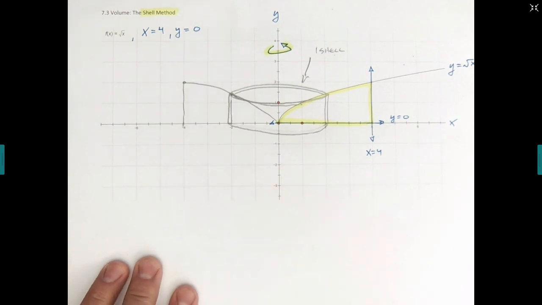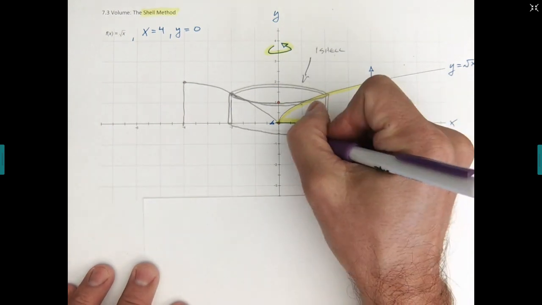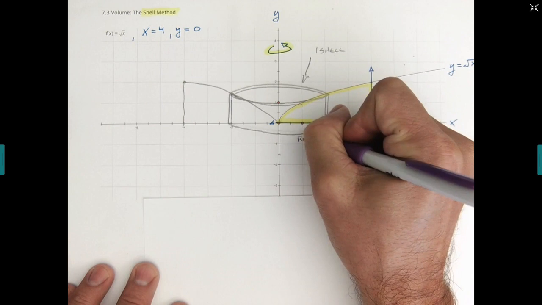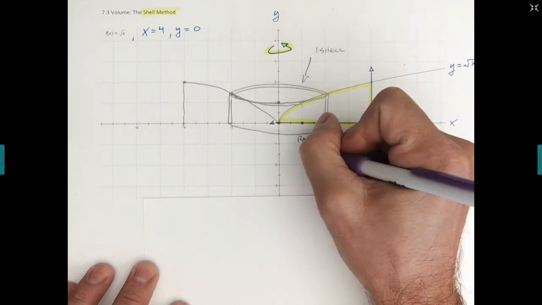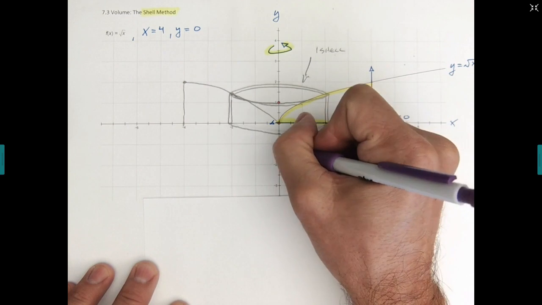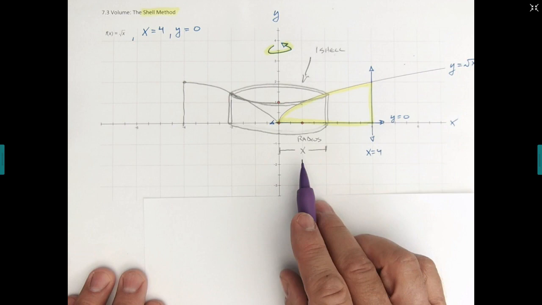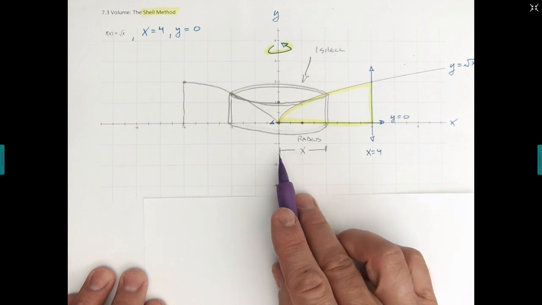Now what I'd like to do is make something so we can really see this. What I've got shown here is a radius. And x is going to define our radius because our radius is always drawn to this axis of rotation, just like the spokes of your bike are attached to the hub.